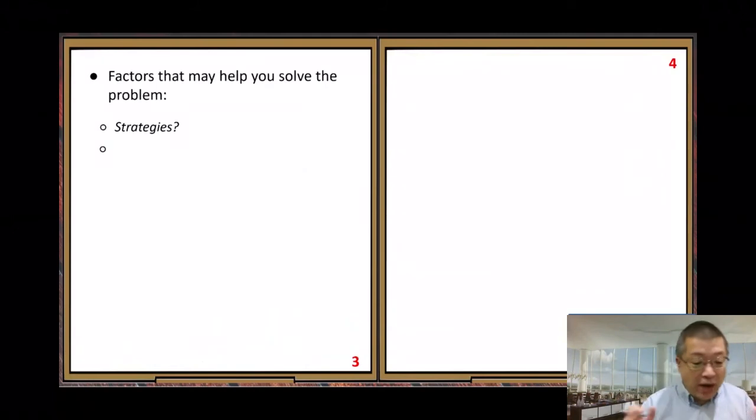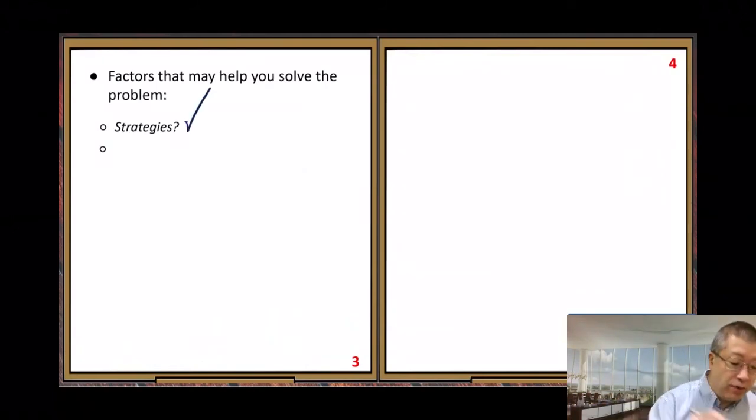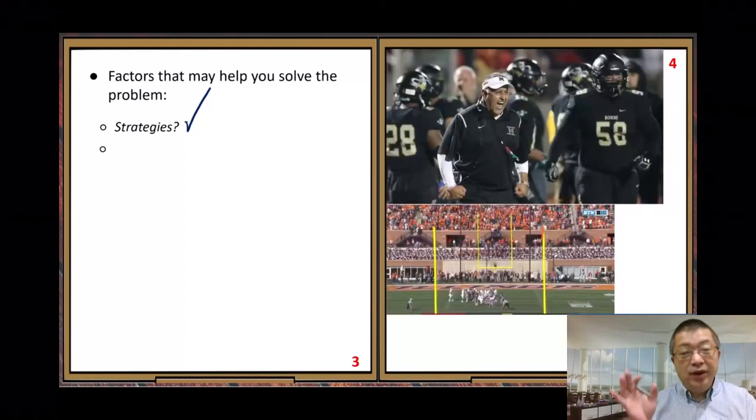Other than the strategies, so we know this is an important factor. Other than that, do we have other important factors? Another factor is also very important, so I want to discuss it a little bit. In order to get that, I want to point out one special situation in a football game.